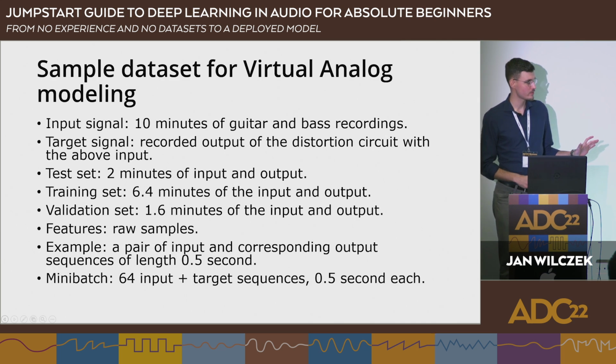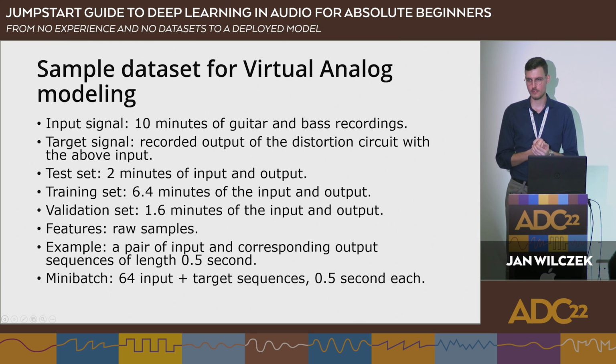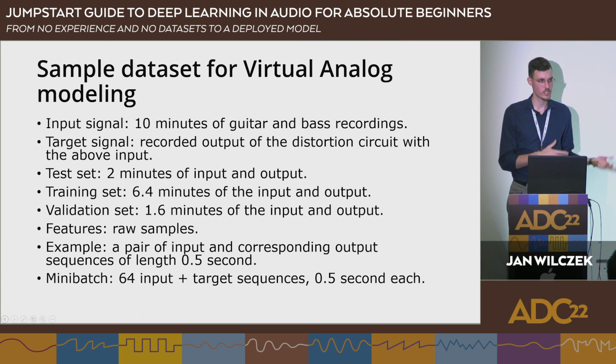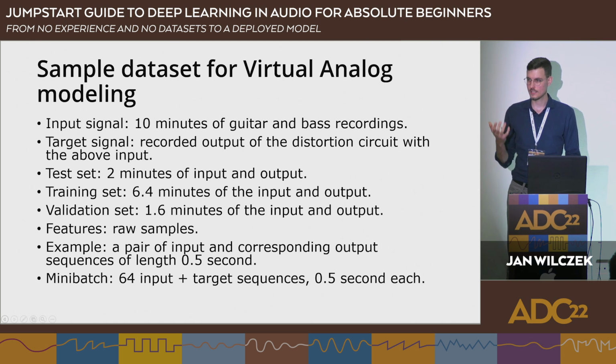And here's an example of how such a dataset could look for a virtual analog modeling problem. Virtual analog modeling deals with taking analog audio effects, analog circuits, and modeling them with software. So here, as a data set, we could have an input signal which could be 10 minutes of guitar and bass recordings, and the desired target signal: we run it through the circuit that we want to model, for example, a distortion circuit, and we obtain the output.